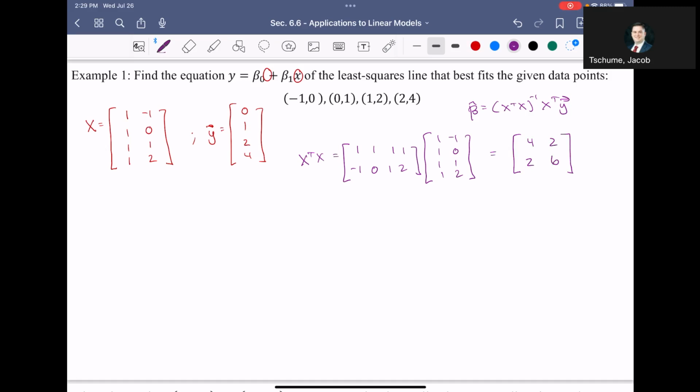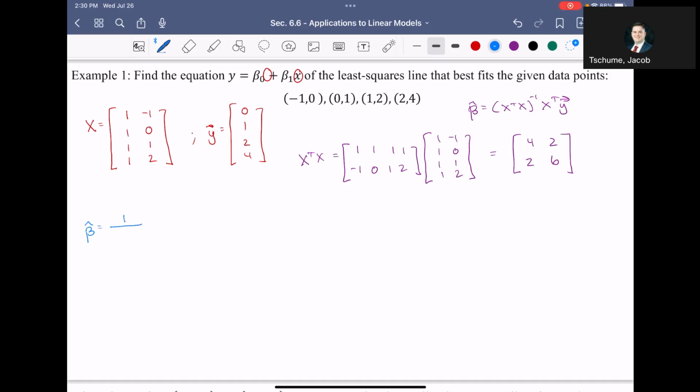Now, I'm actually going to lay out my formula for beta hat all at the same time here. And here's what I mean by that. For beta hat, this is going to equal, I need to find the inverse of this X transpose X matrix I just found. So we have an algorithm for a 2 by 2 inverse.